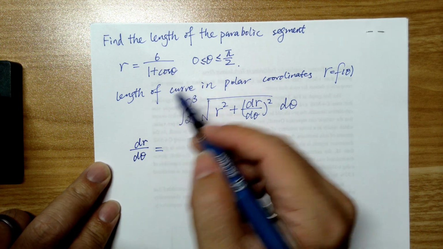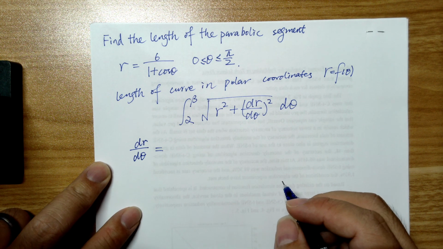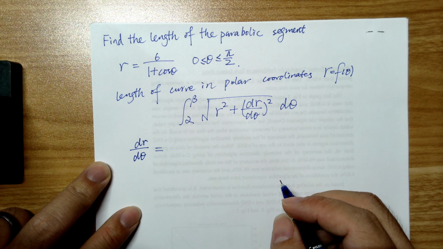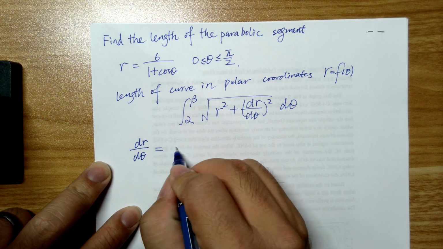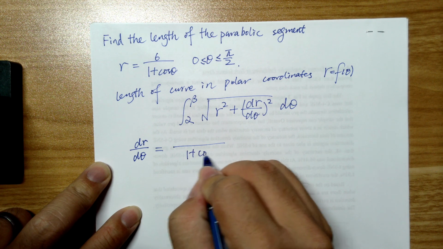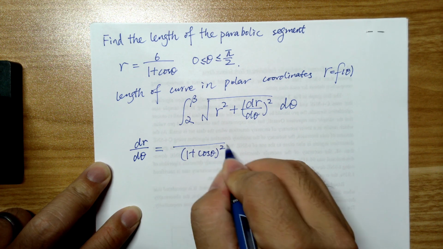As you can see, we can apply the quotient rule to figure it out. That will be 1 plus cosine theta squared, right?